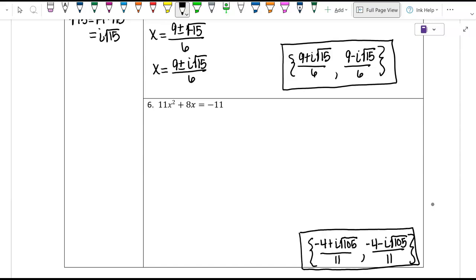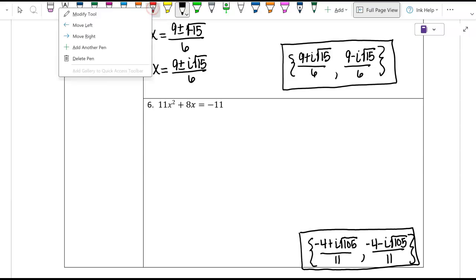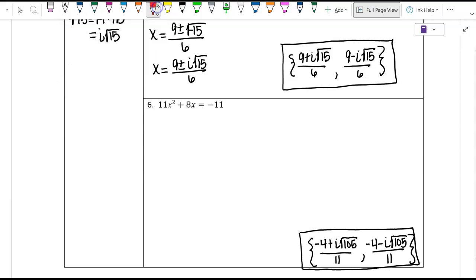We need to make sure we did all the steps correctly to get to that point. The first step would have been adding the 11 to both sides so that we have one side equal to 0. So we should have started off with 11x squared plus 8x plus 11 equals 0.